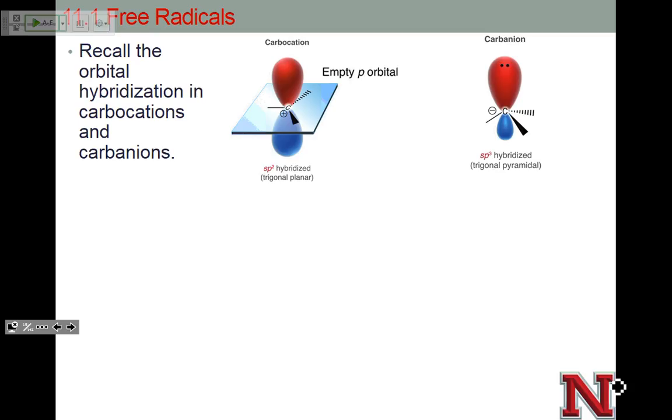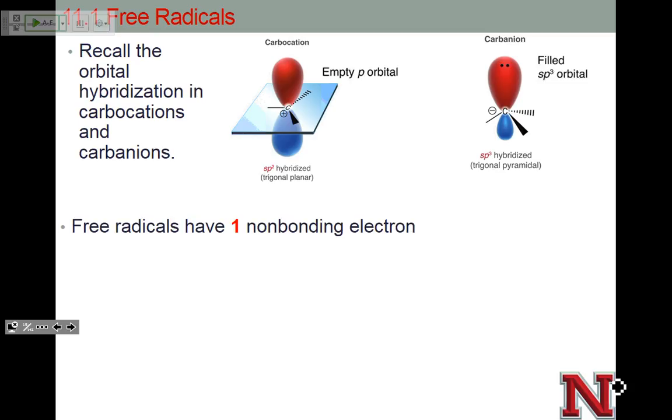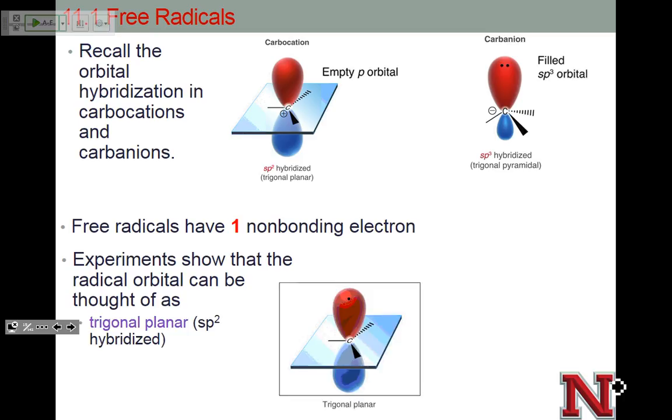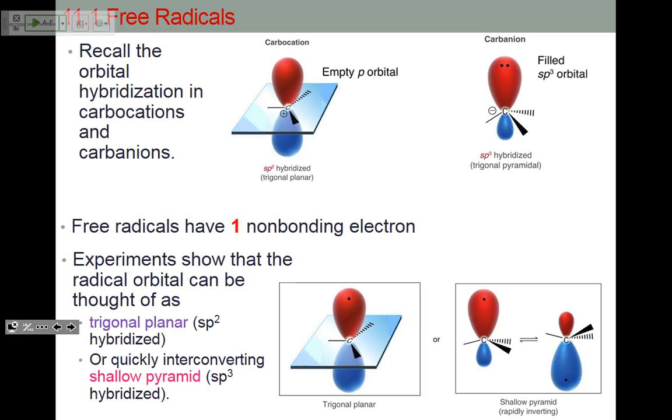So what does the radical look like? The radical has 1 nonbonding electron. So experiments have shown that it can either be thought of as this trigonal planar, but instead of having an empty p orbital, it has an electron in it, or a really shallow pyramid, because the 1 electron is repelling the other atoms because it's not paired, so it's not stable.